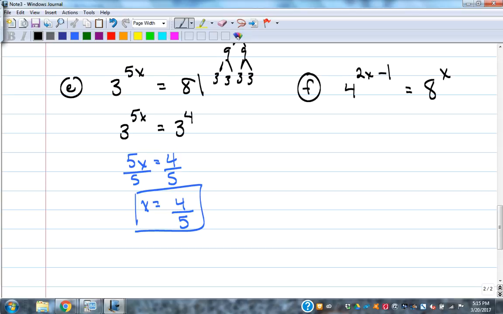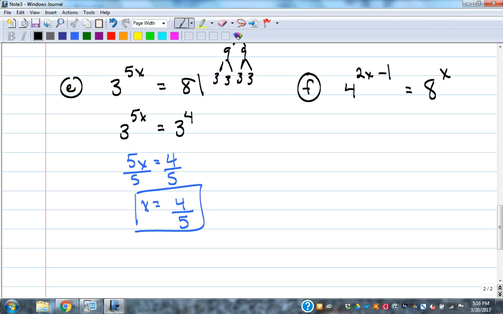This one seems to give students trouble every time I've ever put it on the board. And I do it every time because I know you need to see this type of problem. Because our gut instinct is to think, oh, 8 is 4 times 2. But that's not thinking exponentially.